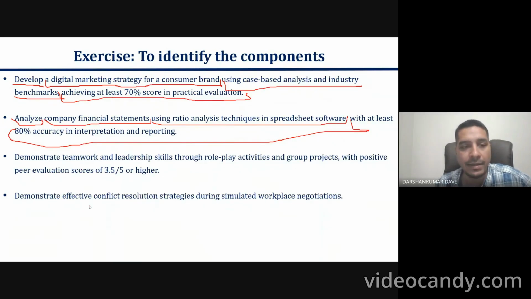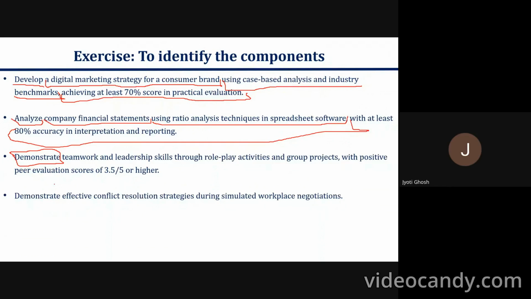Okay. Anyway, I have given you the action verb, demonstrate. Give me the other three parts. Subject will be teamwork and leadership skills. Okay.